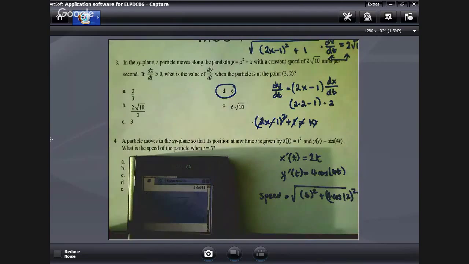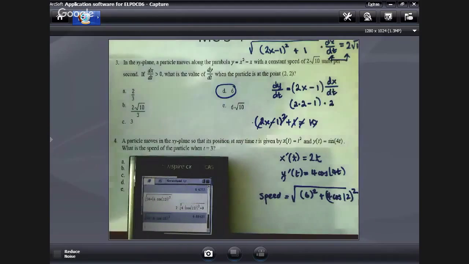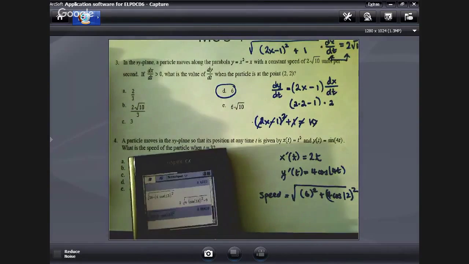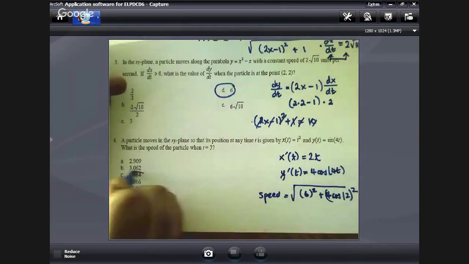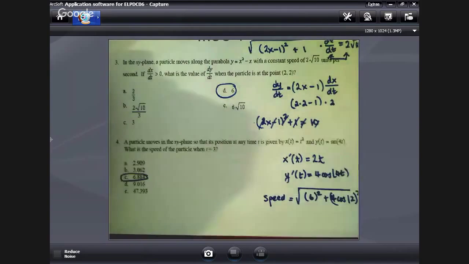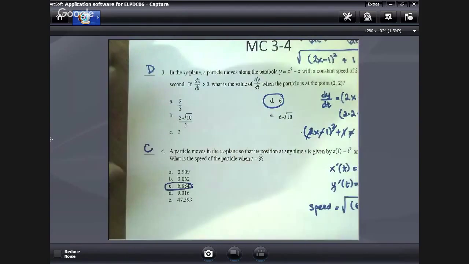And so this is the square root of 36 plus, parentheses. Oh, let me put my 4 in there first, and now put the trig function in. Cosine of 12, squared. 6.88429. I hope you can see all that. 6.884. The answer to number 4 is C.